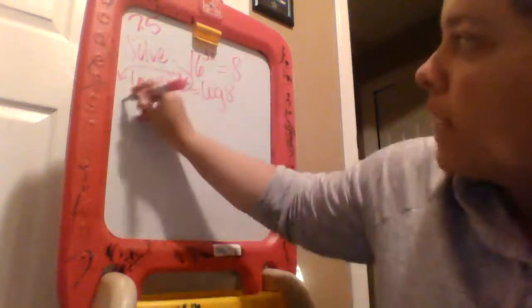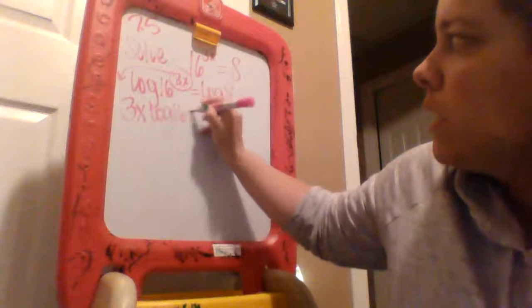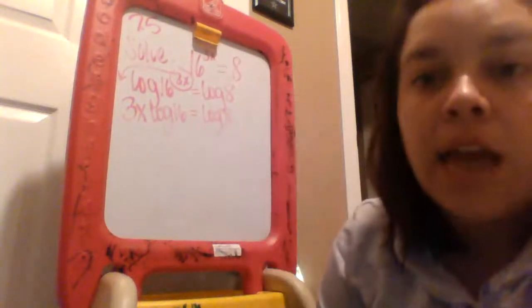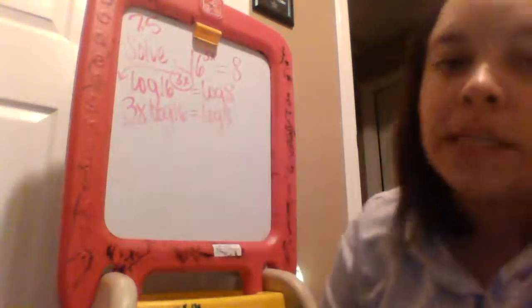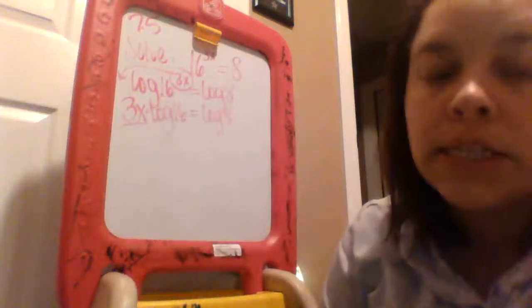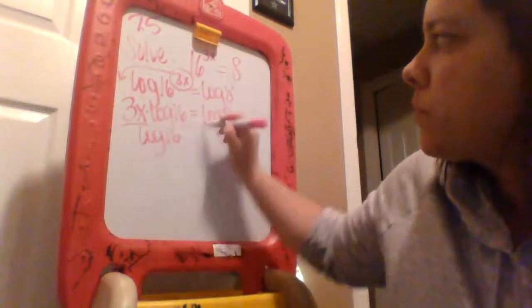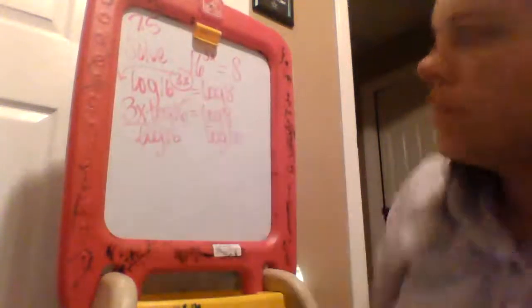So that will make it 3x log 16 equals log 8. I'm still trying to isolate the x, so I want to get this 3x by itself. This is actually 3x times log 16, so I'm going to divide both sides by log 16, and that will cancel those out.